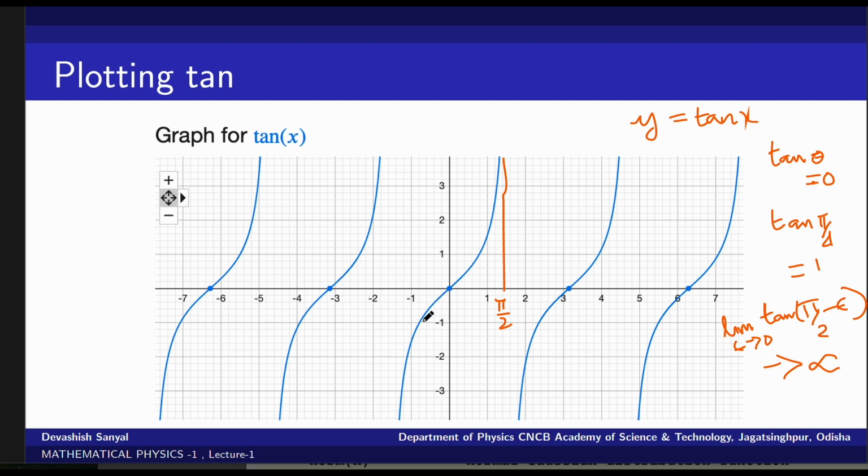and you know that tan of a negative angle is always negative, so you can see it's like this. So tan of minus pi by 2 will be minus infinity. So this one is like minus pi by 2.